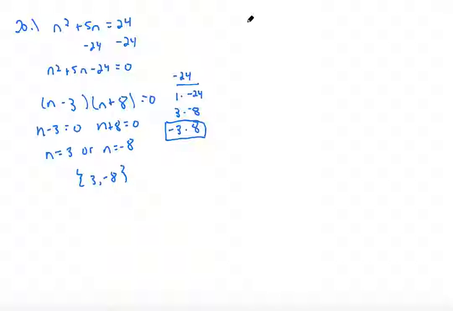All right, moving on to number 22. So 22 goes to the next section and might get more complicated. Who knows? So we have 3x squared minus 24x minus 48 equals 0.